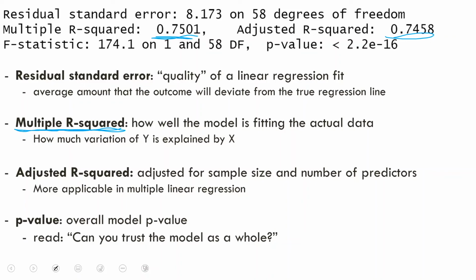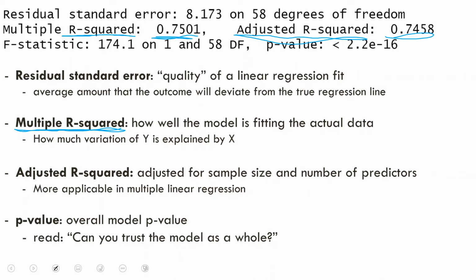But it's oftentimes very, very sensitive to increases in the number of predictors that you have. So R-squared always goes up when you add another variable. Always, always, always. But all this adjusted R-squared does is account for that.